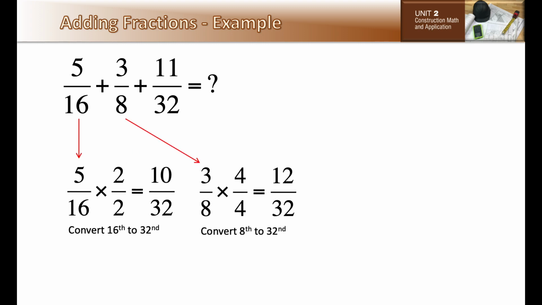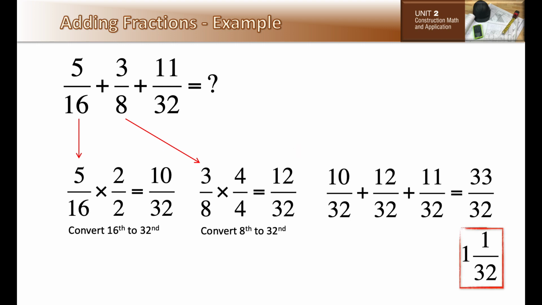Next, convert eighths to 32nds by multiplying by 4, and this gives you 10/32 and 12/32. Now add the numerators and we get 33/32. Next, reduce it to its lowest terms. We get 1 1/32.